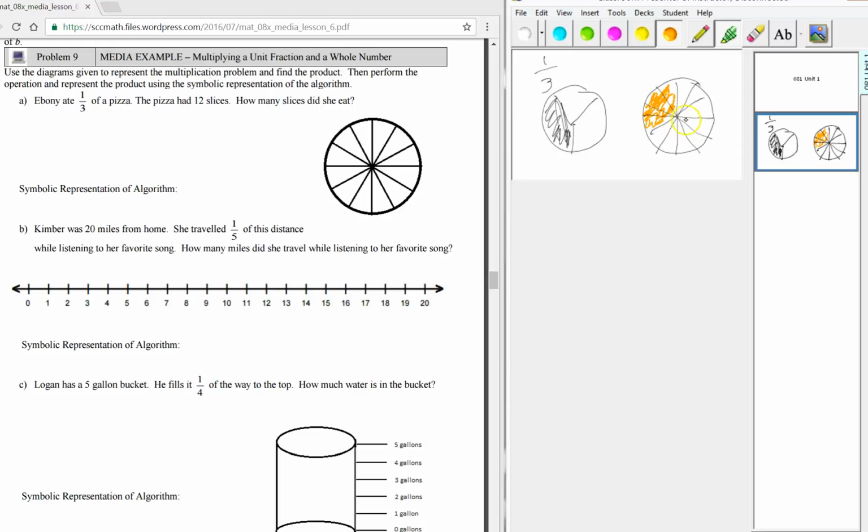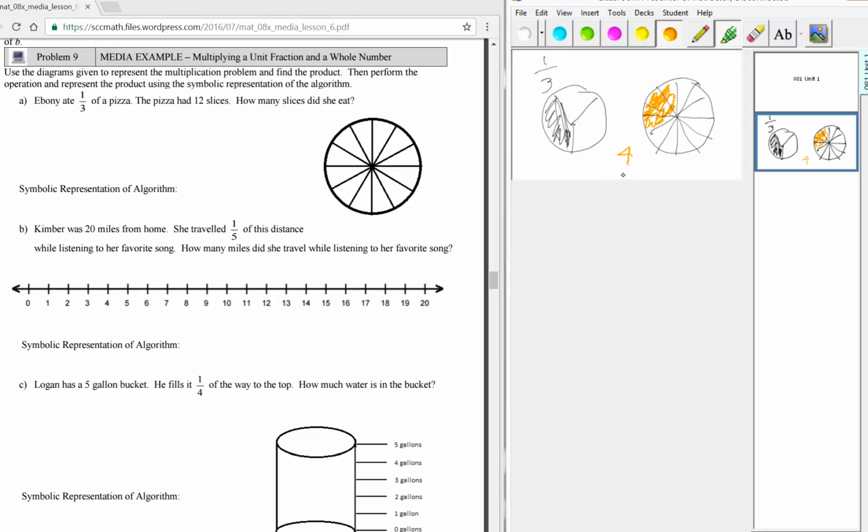Notice these two map to one another. This is 1/3. The diagrams look very similar, except this one is cut into 12. But here, when we're looking at the unit of slices, 1/3 is actually 4, and 1/3 of 12 is 4. That's how we're getting the value of 4.